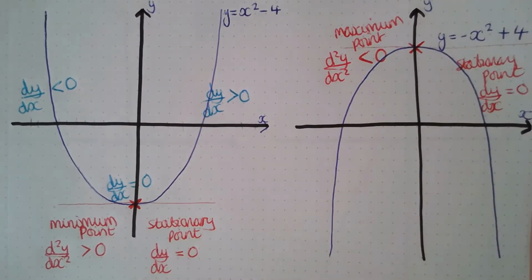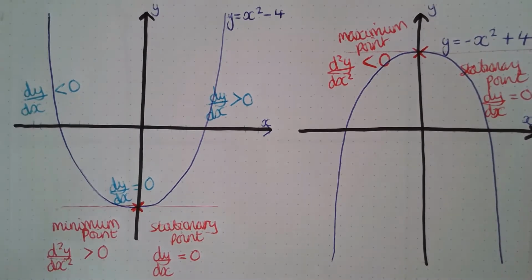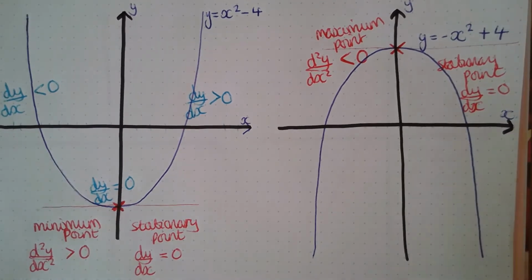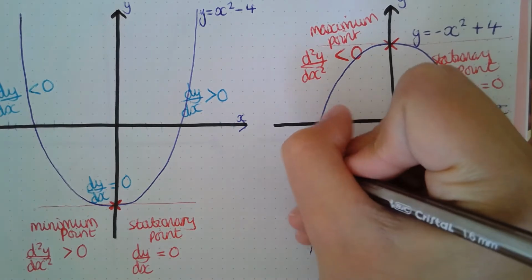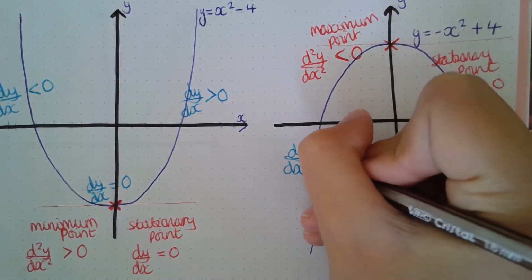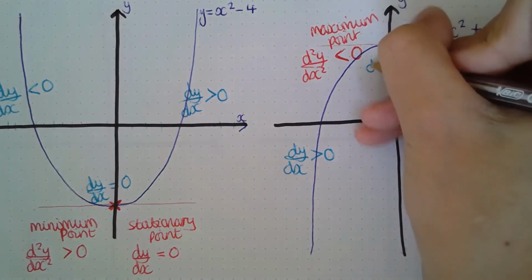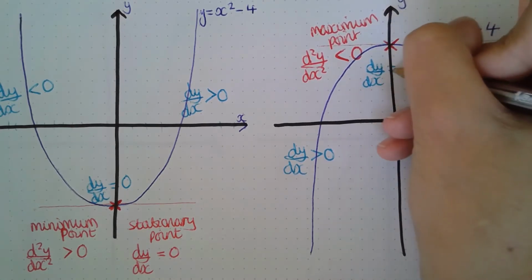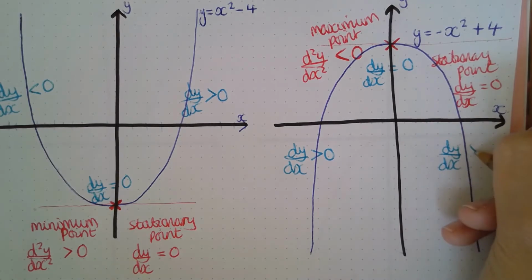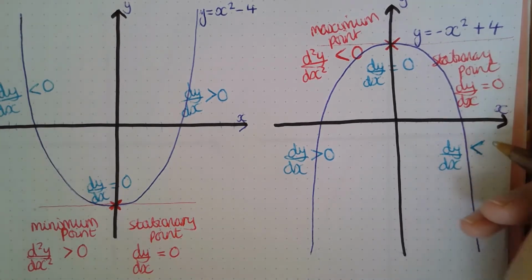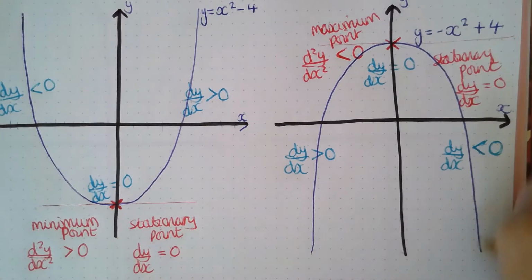That's what this lesson is looking at: finding the values for where it's concave and where it's convex. Over here, this gradient is positive, so dy/dx is positive. At the stationary point, my gradient is 0, and at this point over here, my gradient is less than 0 because it's decreasing.